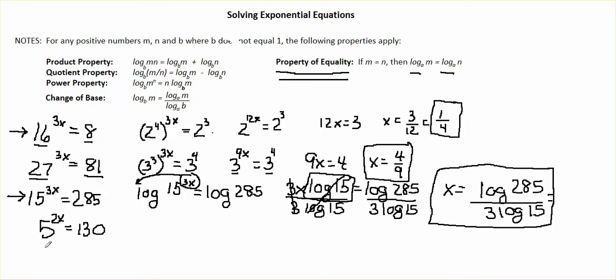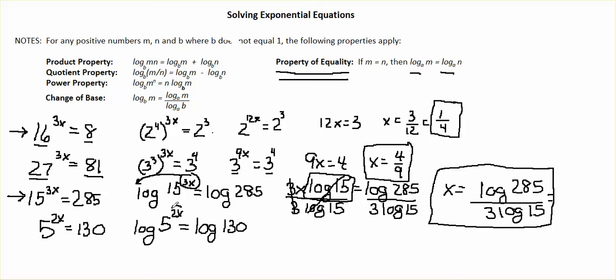So let's take a look at this example down here. Again, we're going to notice that we can't represent 5 and 130 as the power of a same number. So we're going to go ahead and take the common log of both sides so that we can move our exponent to the front, and then we can solve for our variable. So we're going to take the log of both sides.